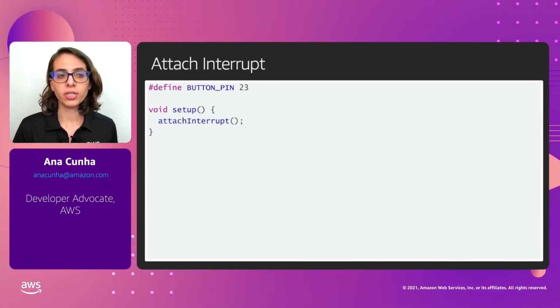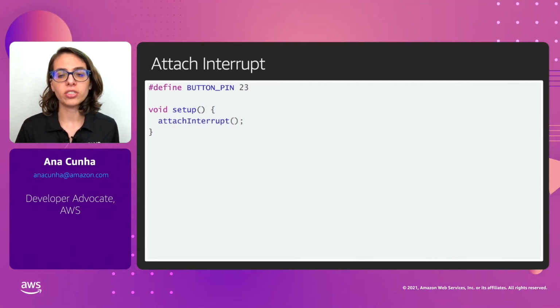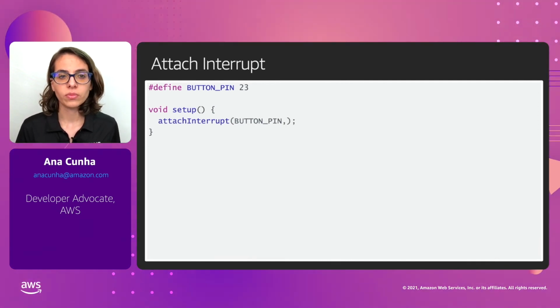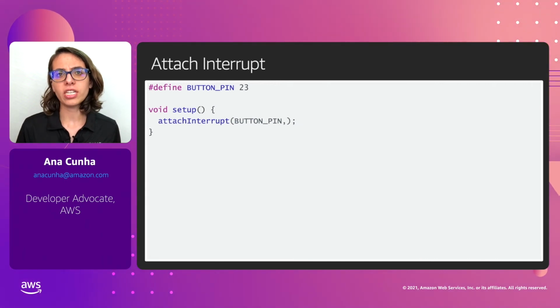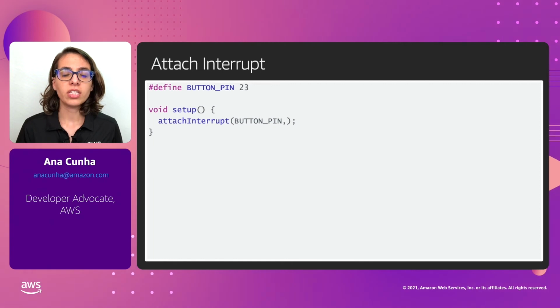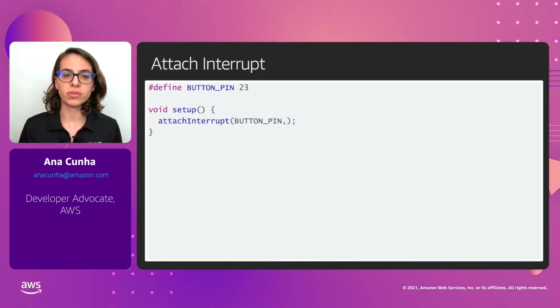The first argument is the pin on the ESP32 where we are going to configure the interrupt. In our case, this is the button pin, or pin 23, that we defined over there. The second argument is the interrupt service routine, or ISR. This is the function that we are going to call whenever the interruption happens.